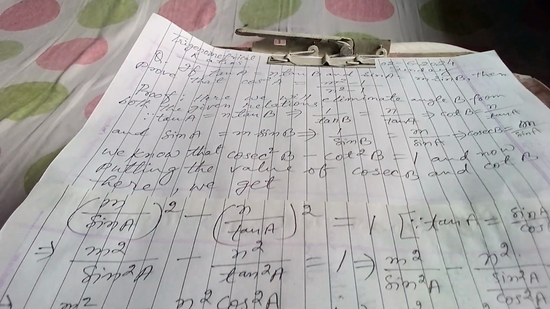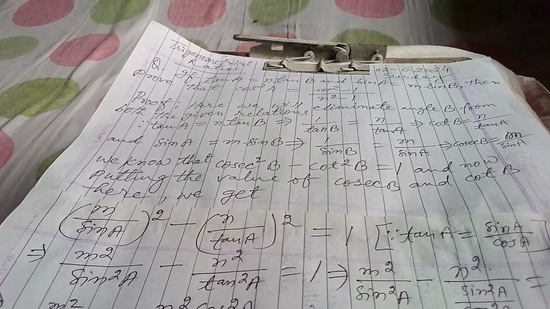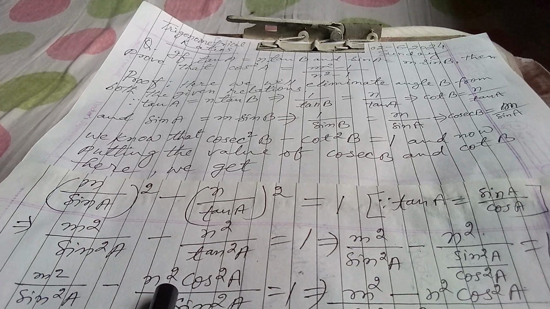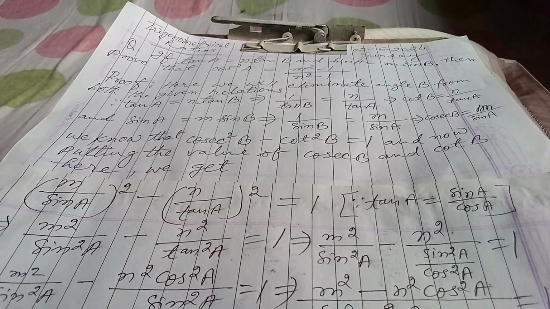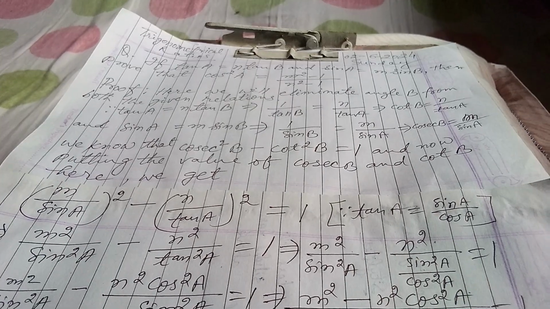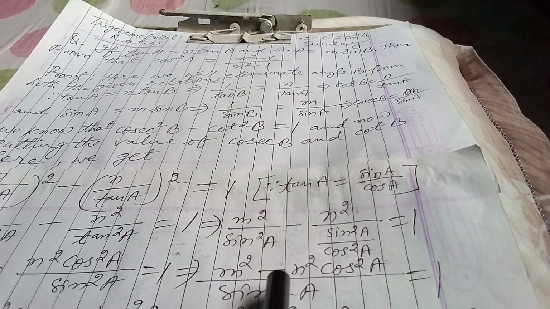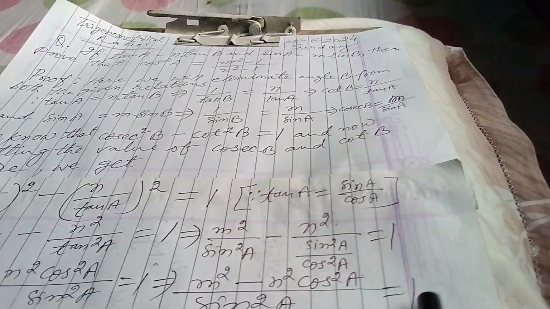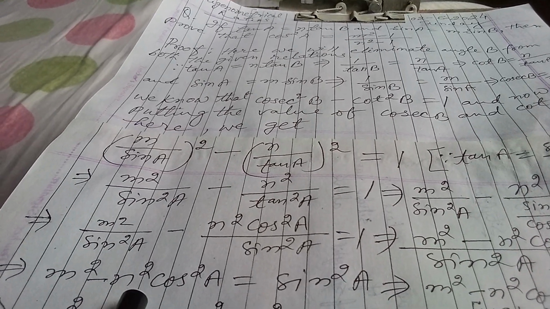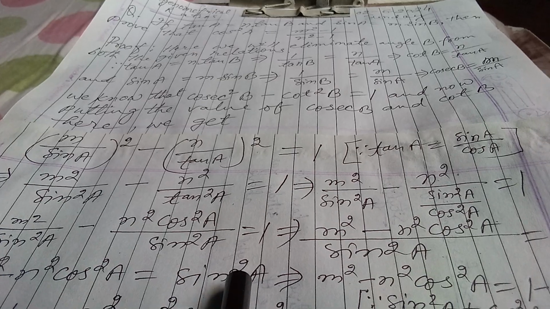So this implies m square by sin square A minus, and now this cos square A comes up and it becomes n square into cos square A by sin square A, equals 1. Now we find the LCM. The LCM is sin square A, and then we get in the numerator m square minus n square cos square A equals 1. Now by crisscross multiplication we get m square minus n square cos square A equals sin square A.